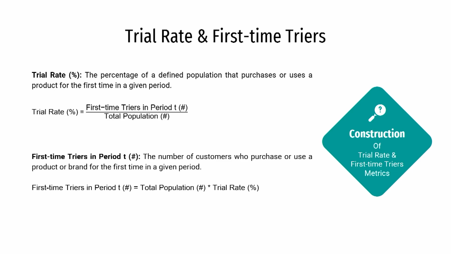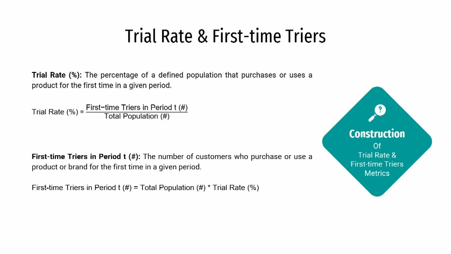As you can see in this formula, trial rate equals first time triers in given period t divided by the total population. Total population means the size of the target market. First time triers in period t is the number of customers who purchase or use a product or brand for the first time in that given period, right.